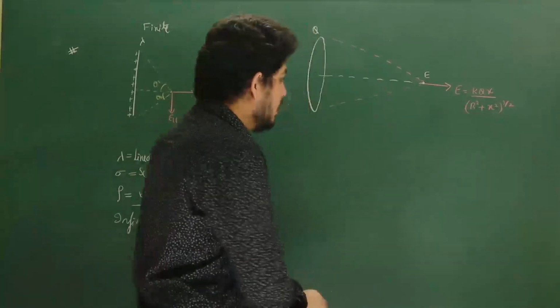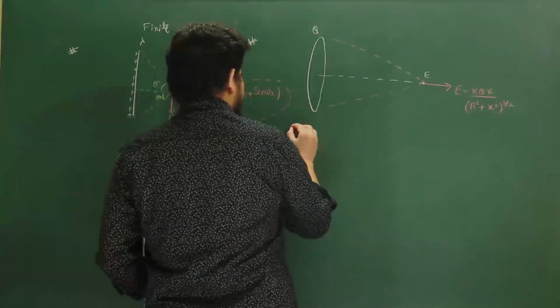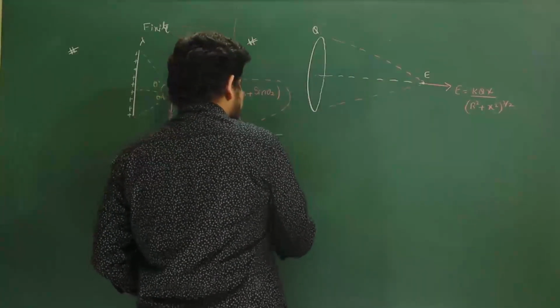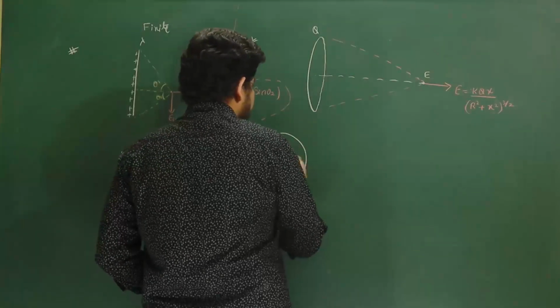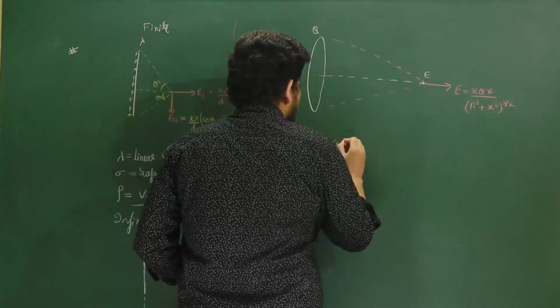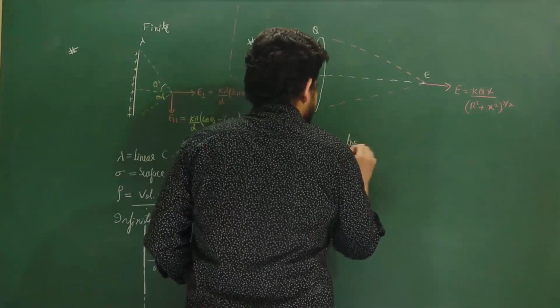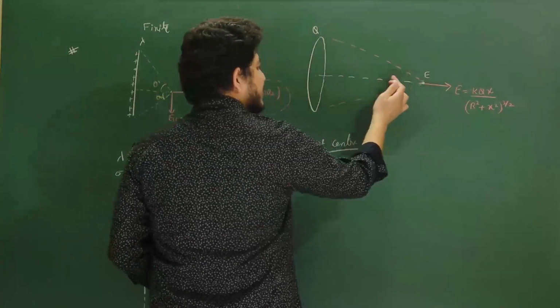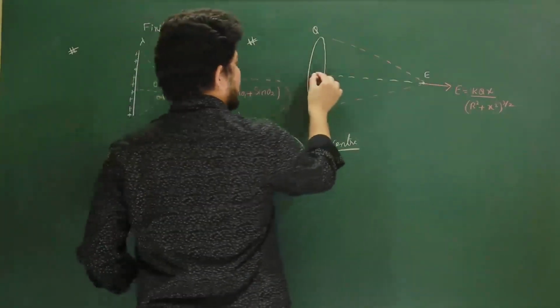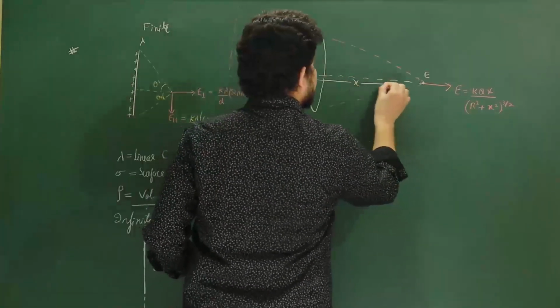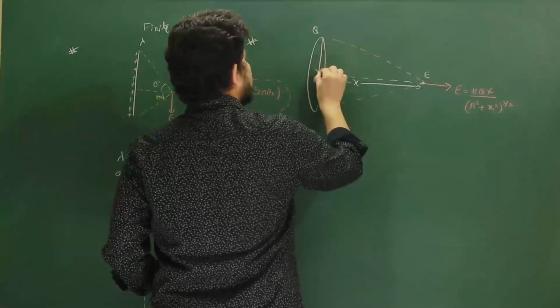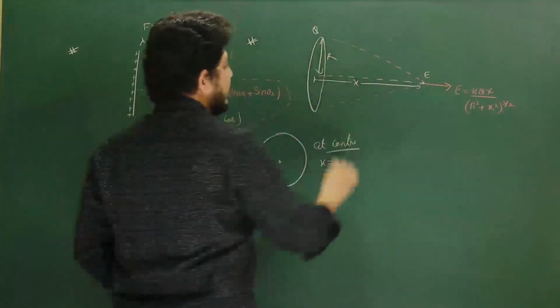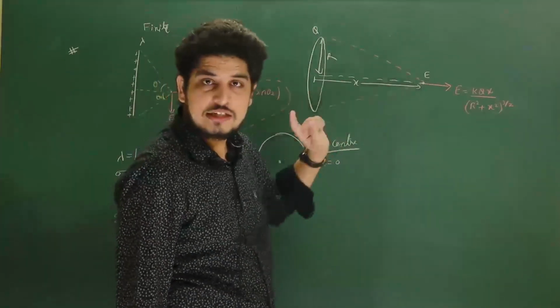Let's suppose we are talking about the center of the ring. What will be the electric field at the center? At the center, x is equal to 0, because this point shifts to the center and x becomes 0. What is x? x is this distance, and r is this distance. Here x is not a variable, it is constant.